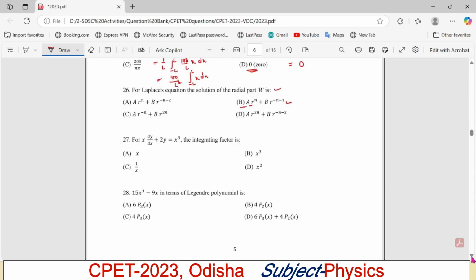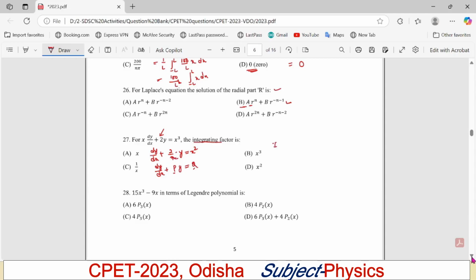Just remember this one. Next question, we have to find the integrating factor of this differential equation. This is a linear differential equation, so it can be rewritten like this: dy by dx plus 2 by x into y equal to x square. So this is in the form dy by dx plus Py equal to Q, and here P and Q are either functions of x or constants, here functions of x.